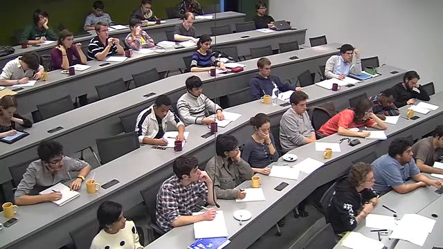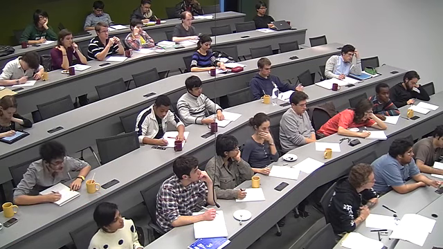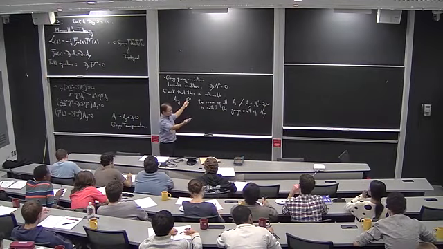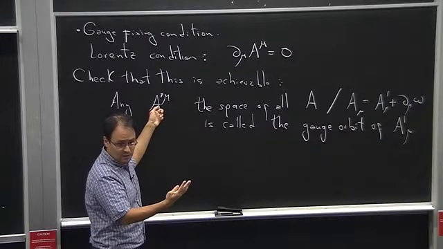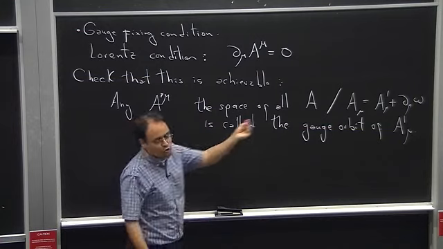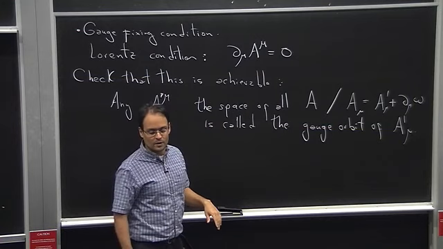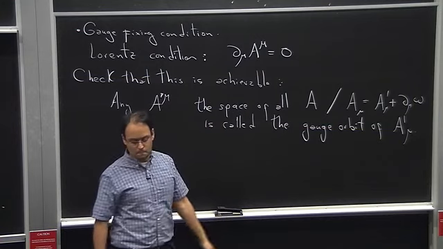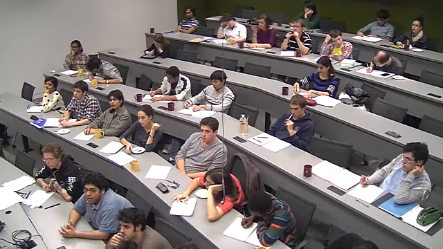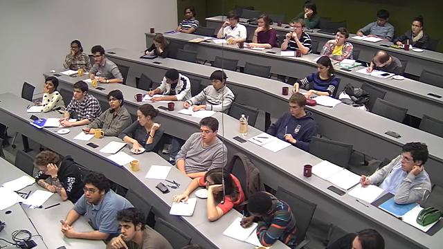I'm trying to fix a redundancy in my description by saying, well, given that any of these guys will give me the same physics, I'll try to make a choice. So my question is, can you not formulate everything without making that choice? Why is it important to make it?